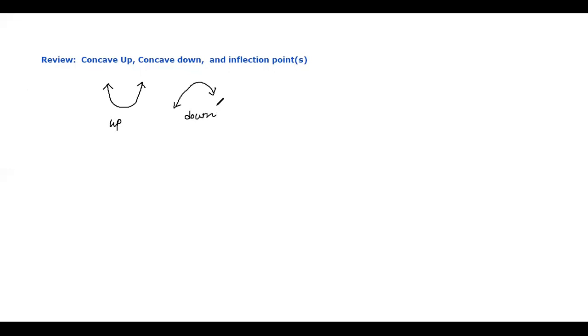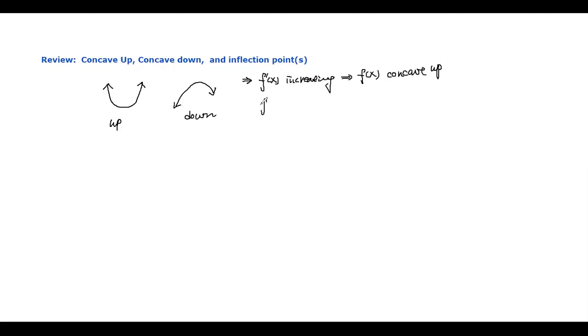In the previous video, we said that to decide whether f of x is concave up or concave down, we have 2 ways. We can use the first derivative. If f prime x is increasing, then f of x is concave up.